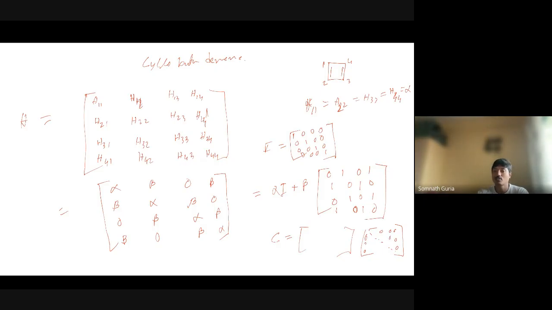Using this, we can again calculate the coefficients for butadiene and cyclobutadiene, and based on that we can derive the wave function. This can be done theoretically by diagonalizing this matrix, and it will give you the C matrix, and then the contribution to the wave function. I don't have that data right now.